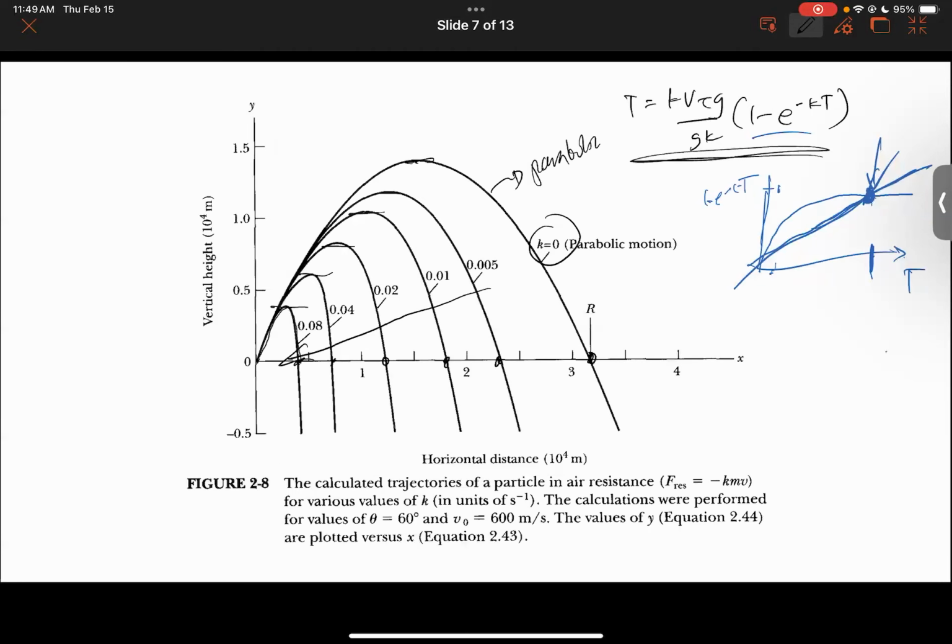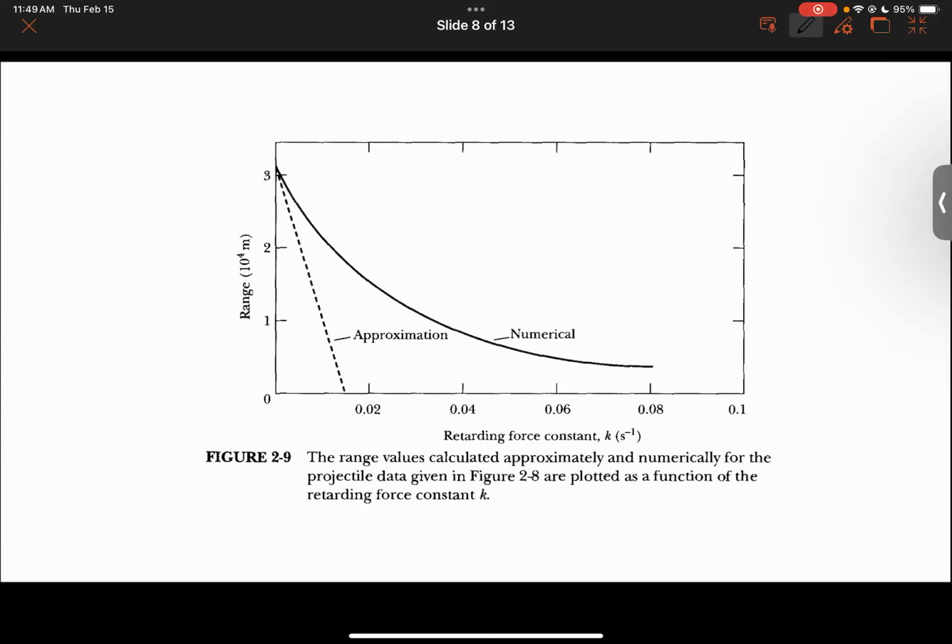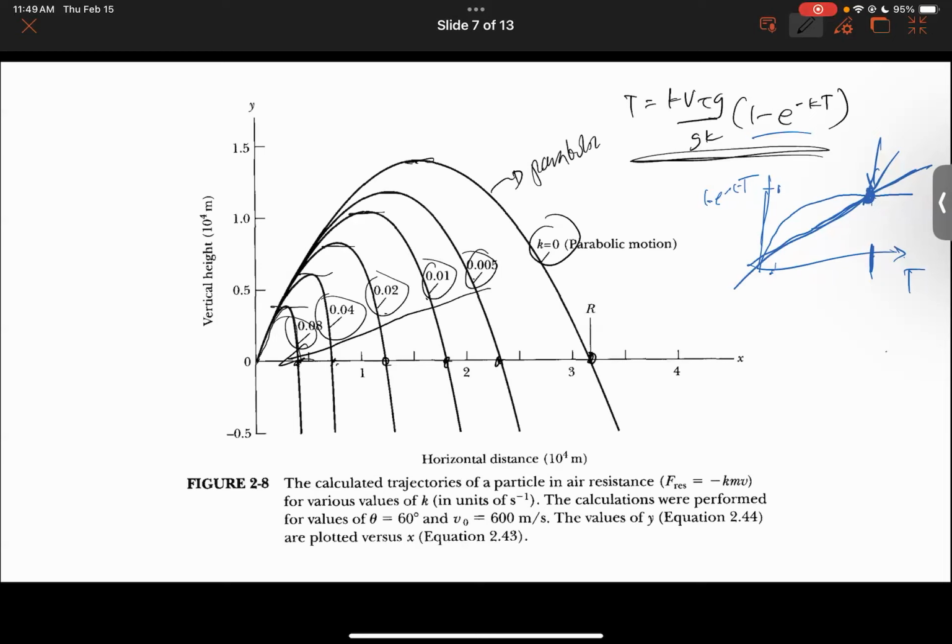Iba-iba yung range, depende sa iba-ibang values ng K. So if we plot that, ang gagawin natin is we set a certain value of K, tapos get T and then plug it dun sa expression for X, para makuha yung isang value ng range.